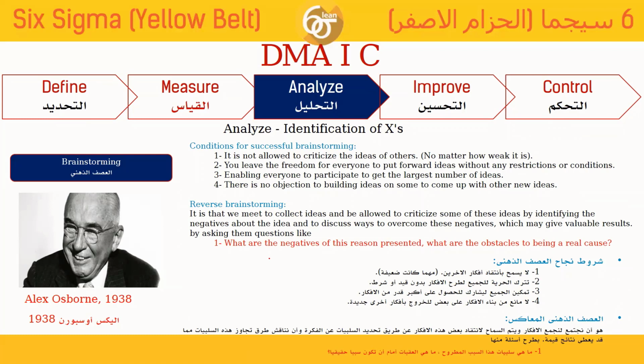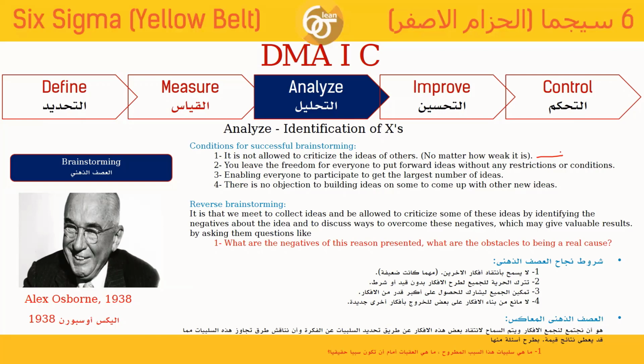There are conditions for a successful brainstorming. First of all, it is not allowed to criticize, as we mentioned, the ideas of others, no matter how weak, or however you think it does not address the main root cause.